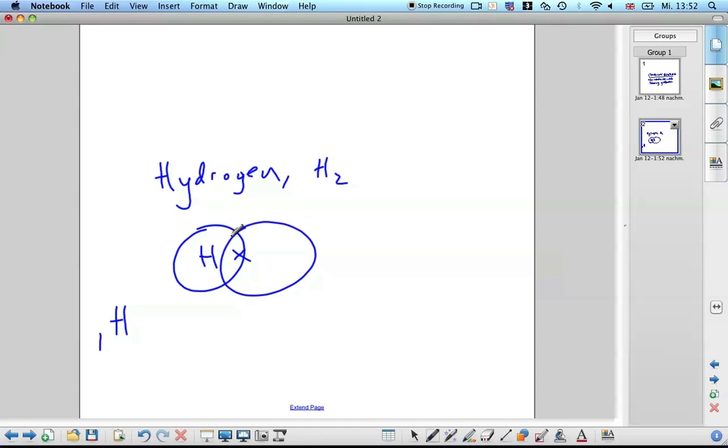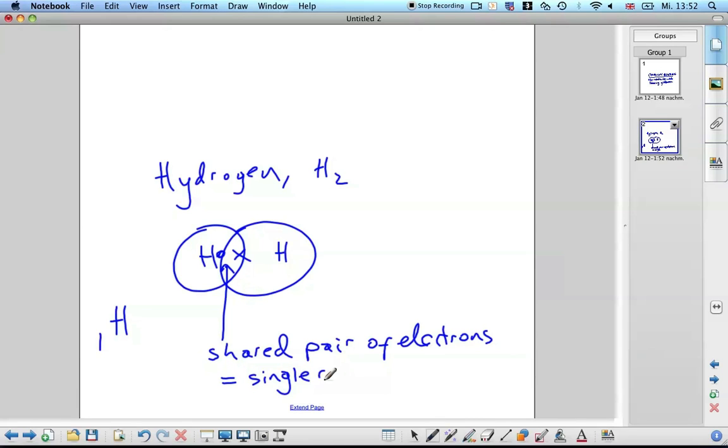So hydrogen, another hydrogen atom can come along and share like so. These 2 electrons are a shared pair of electrons, and this shared pair of electrons is known as a covalent bond. In this case, a single covalent bond, because there's only one pair between the 2 of them.